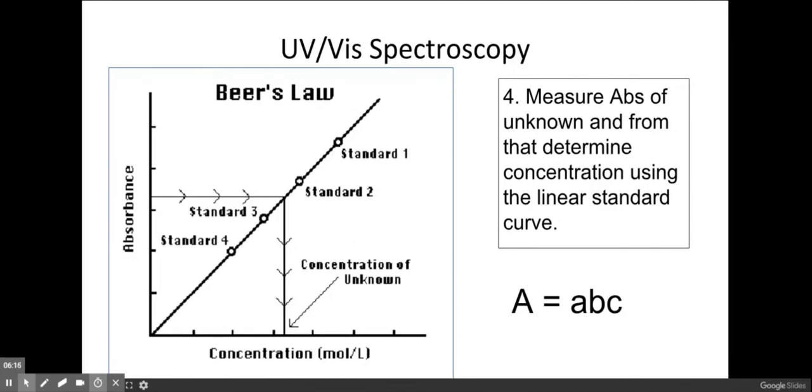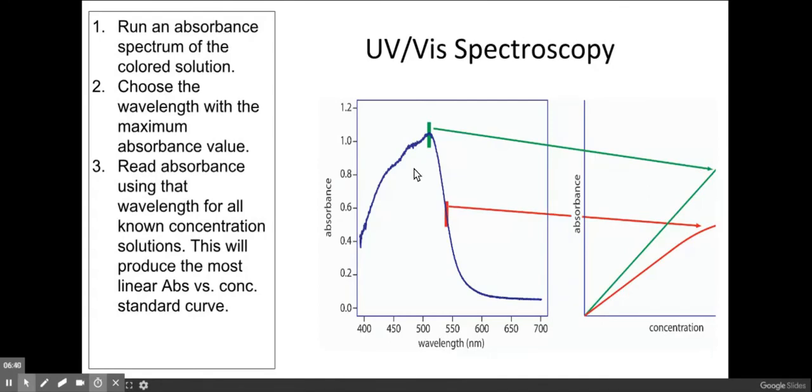So you may have to do a Beer's law calculation with this formula. They would have to give you a and b, letting you know what those are in the problem somewhere. They may also give you a graph of absorbance versus concentration, like we have here, and if they give you the absorbance, ask you to estimate the concentration. They could also ask you about this maximum absorbance value right here.